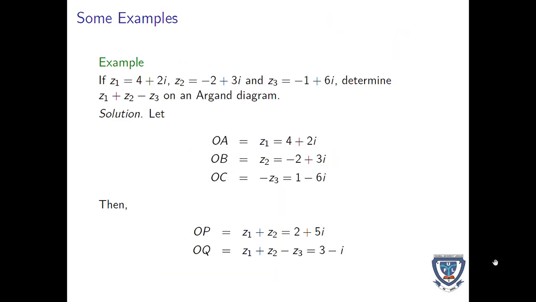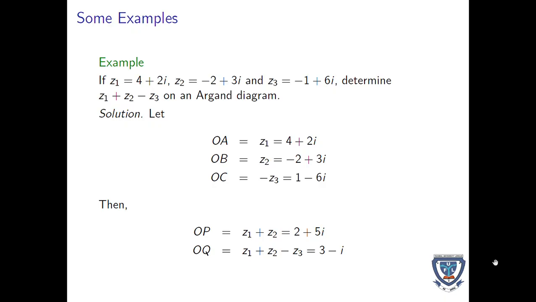Let's look at another example. In this case, we have three complex numbers, z1, z2, and z3. z1 is equal to 4 plus 2i, z2 is equal to minus 2 plus 3i, and z3 is equal to minus 1 plus 6i. We are to determine z1 plus z2 minus z3 on an Argand diagram. Solution.